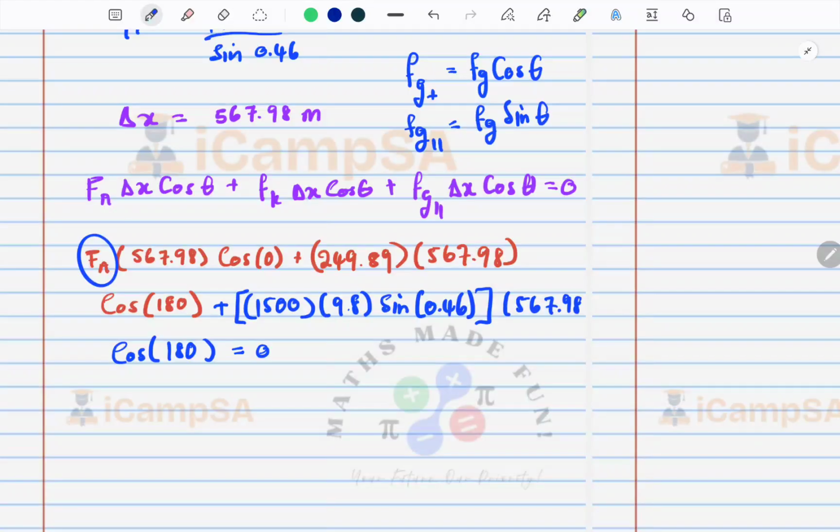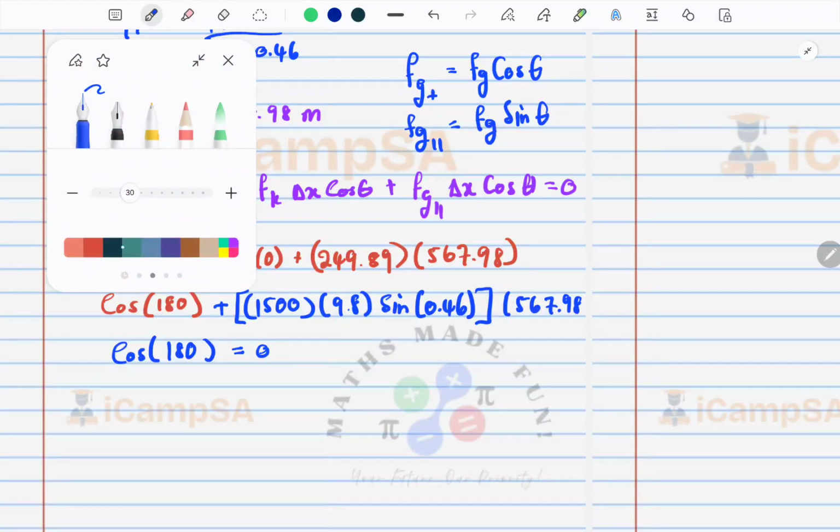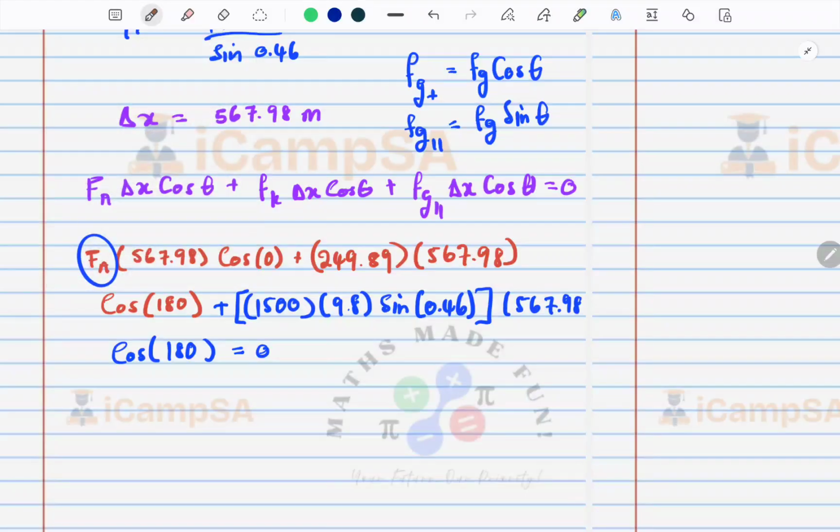So that means what we're going to end up with in this instance is 567.98 FA, or F engine, or whatever you can call it, then plus.